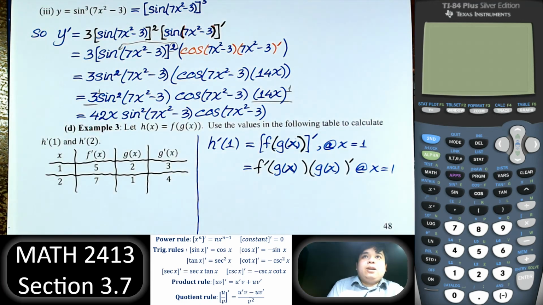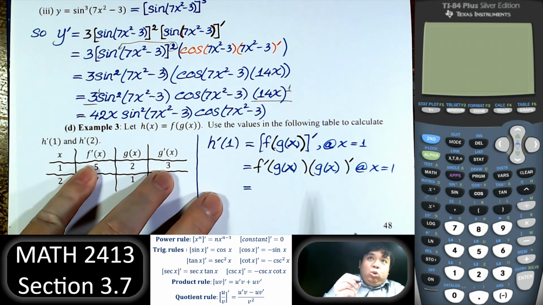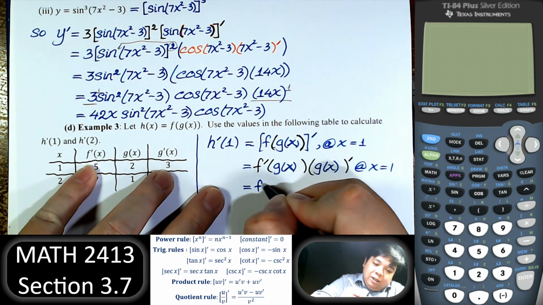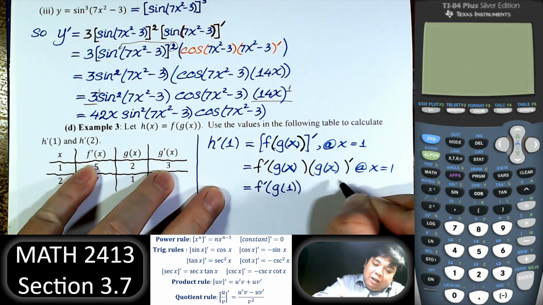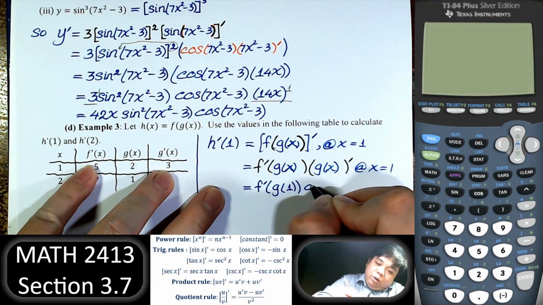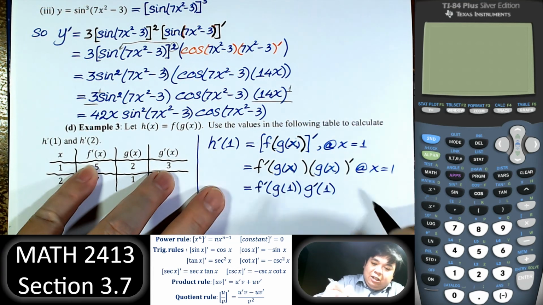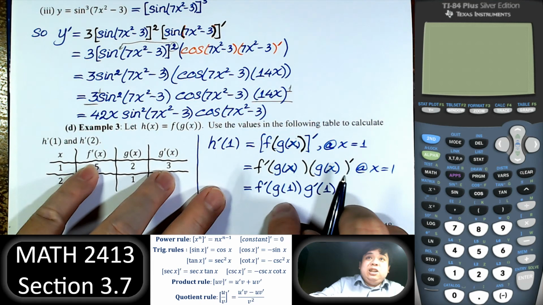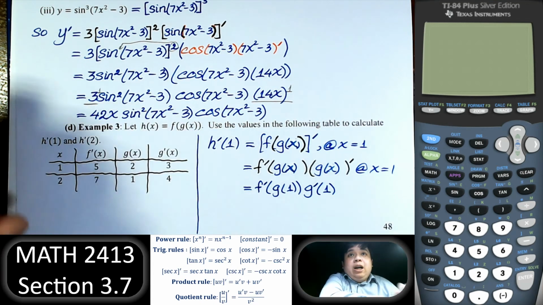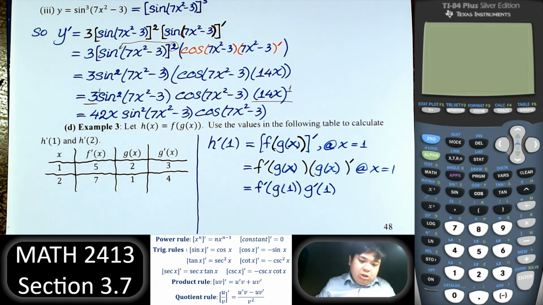So now we can put 1 in. By the way, if I rewrite the derivative, it should be like this, the derivative in front of g. That's the way it should work. So we just look for g of 1.